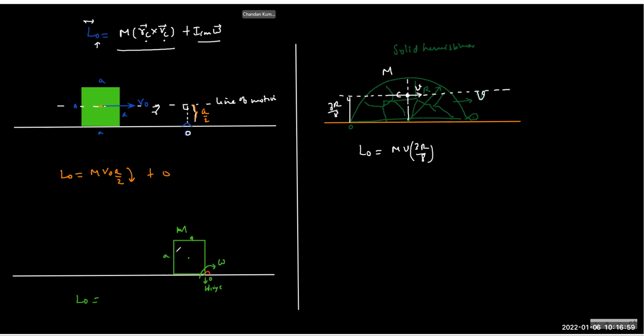What happened? So what are you waiting for? Waiting for some miracle? Omega is given to you, so you have to write the two terms. How difficult is this to write? We know how to find the moment of inertia about the center of mass. We also know how to find the velocity if I know the omega.